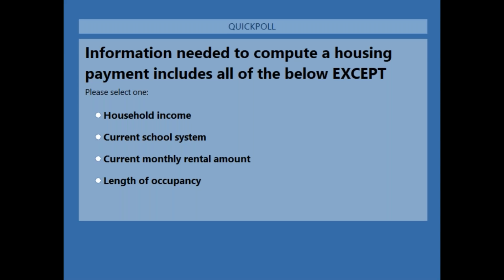Okay, question number 3. Information needed to compute a housing payment includes all of the below except: is it household income? Is it current school system? Is it current monthly rental amount? Or is it length of occupancy?